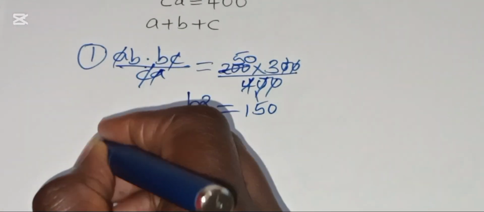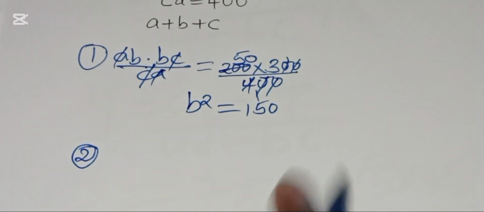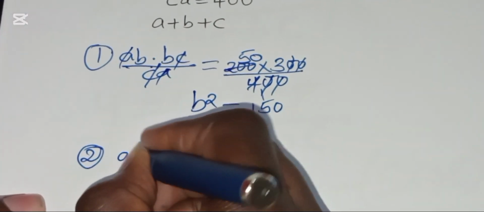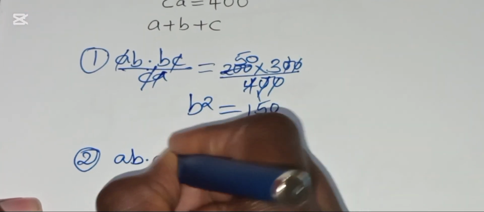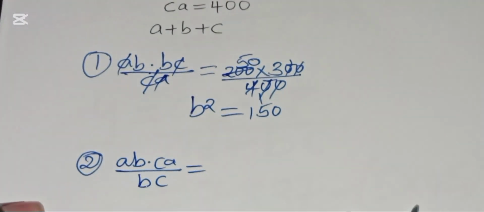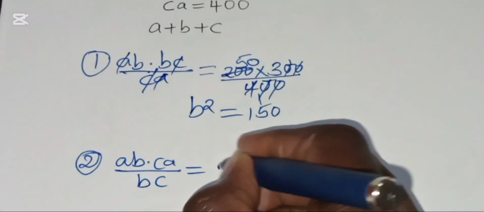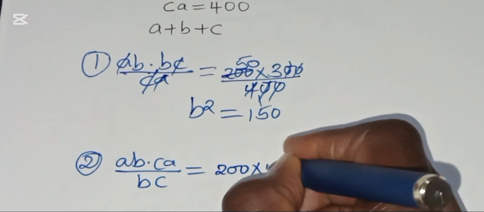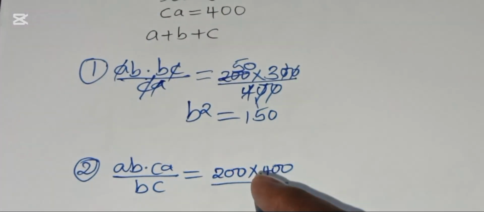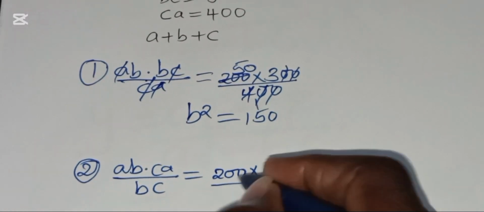Now we proceed to step 2, whereby we determine the value of a squared, which we determine as ab multiplied by ca divided by bc. As you can see, our ab is 200 multiplied by 400, which is ca, divided by bc, and bc is equal to 300.